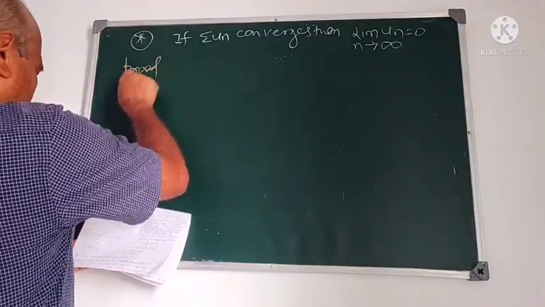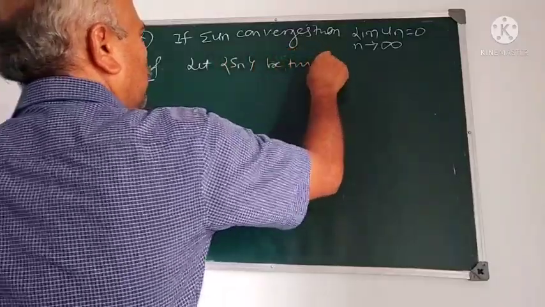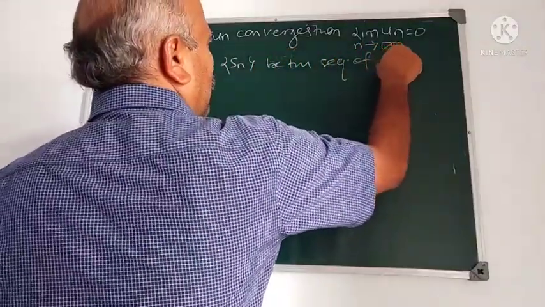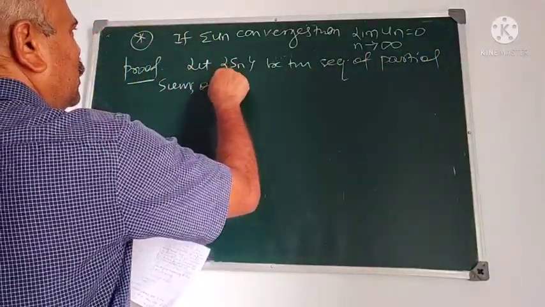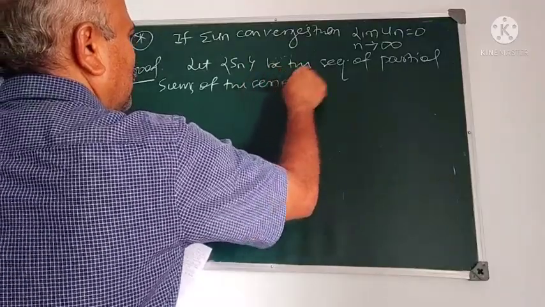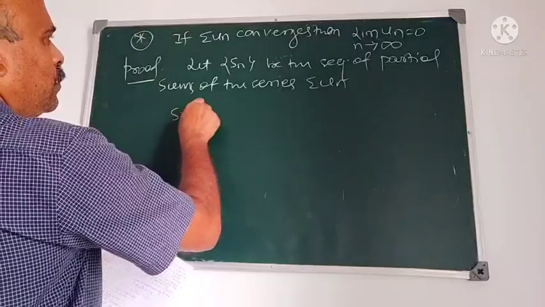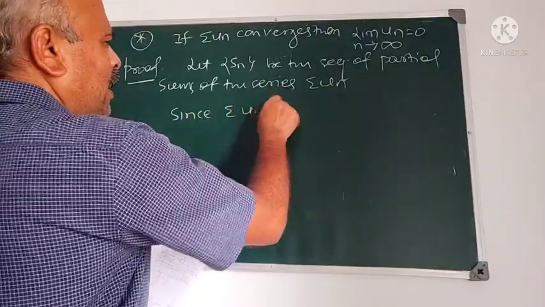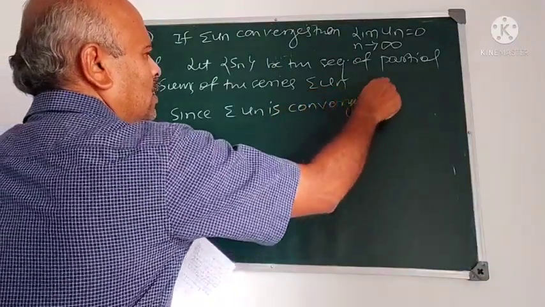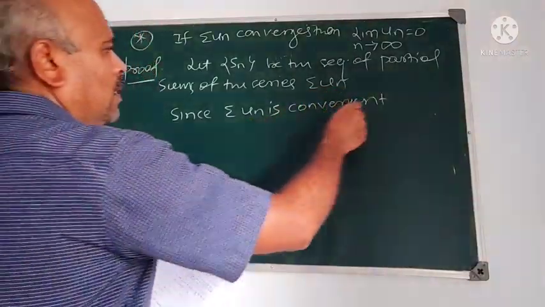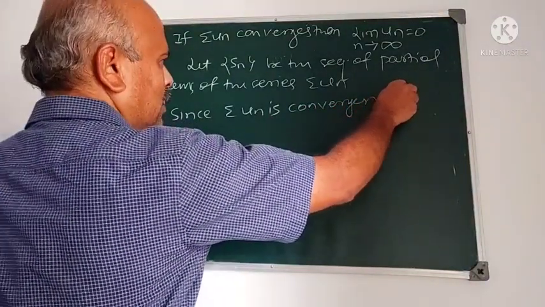First part. Let Sn be the sequence of partial sums of the series sigma un. Since sigma un is convergent, the sequence Sn converges.